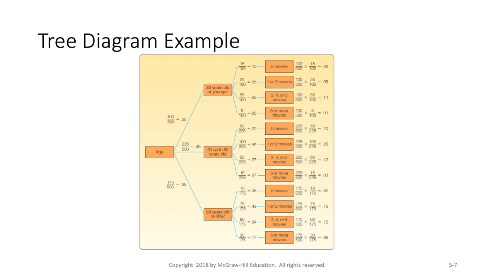But then we can break it down more. By age, we can break down how many times a month they are going to the movies. Again, the tree diagram is just a visual way to take the information from a contingency table and help us make some decisions based on comparing probabilities for different groups.